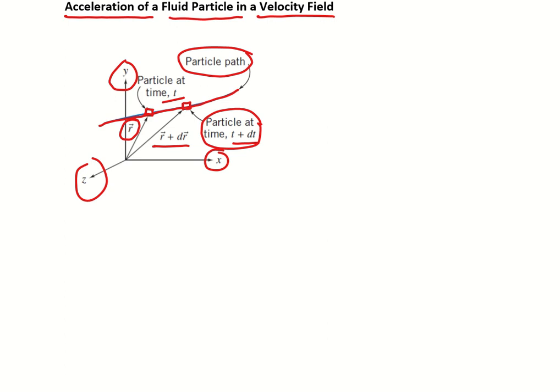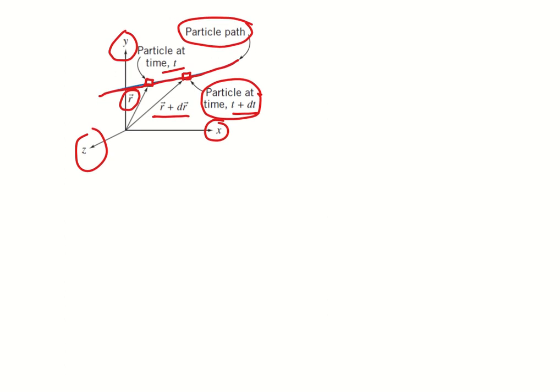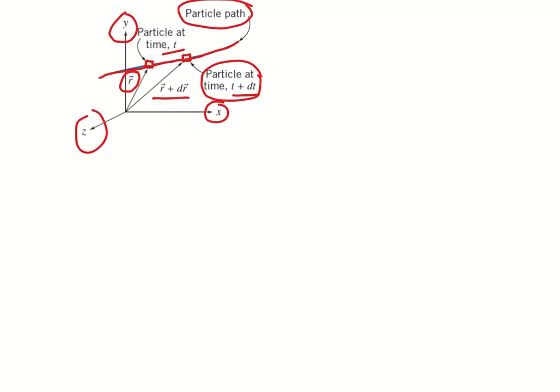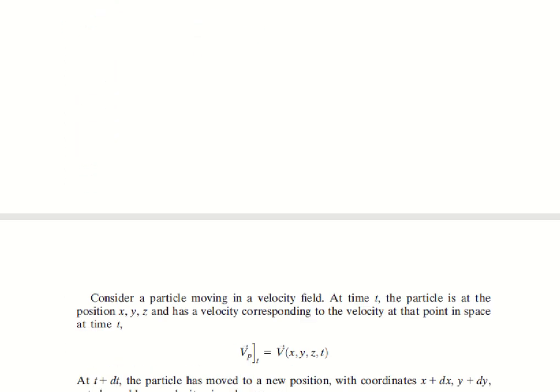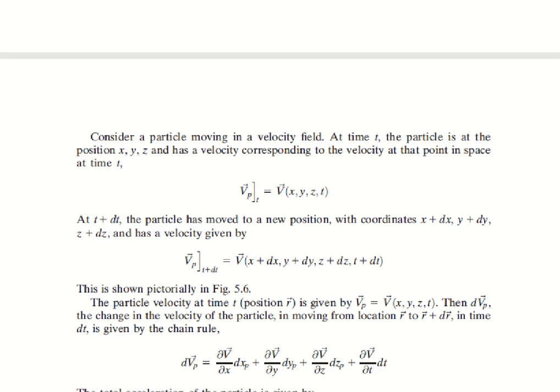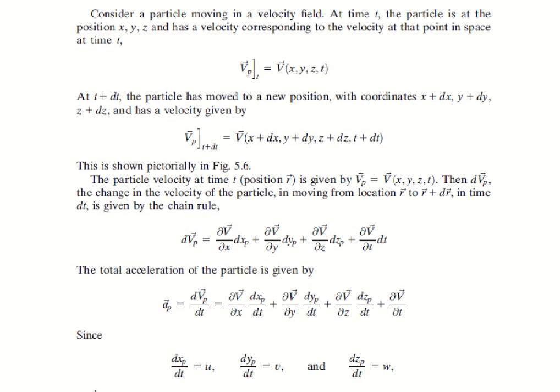Now we are going to derive a relationship for total acceleration, which is termed as material acceleration, or total derivative, or material derivative. So the particle at time t is having velocity Vp. This Vp is represented by V of x, y, z, t, because it is a function of x, y, z and t.